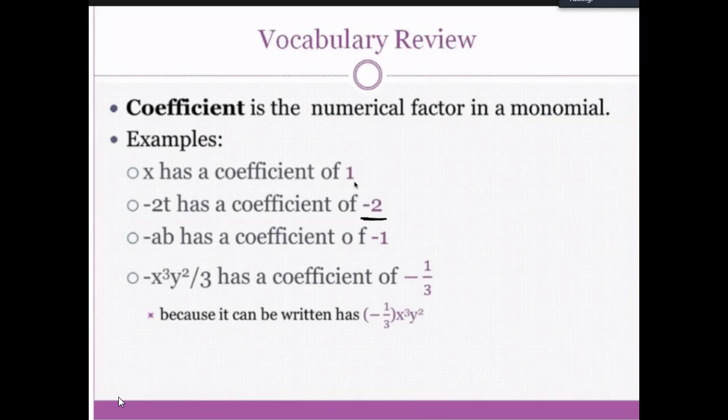So x has a coefficient of 1, negative 2t has a coefficient of negative 2, negative ab has a coefficient of negative 1, and this one is a little trickier. That's a coefficient of negative 1/3.